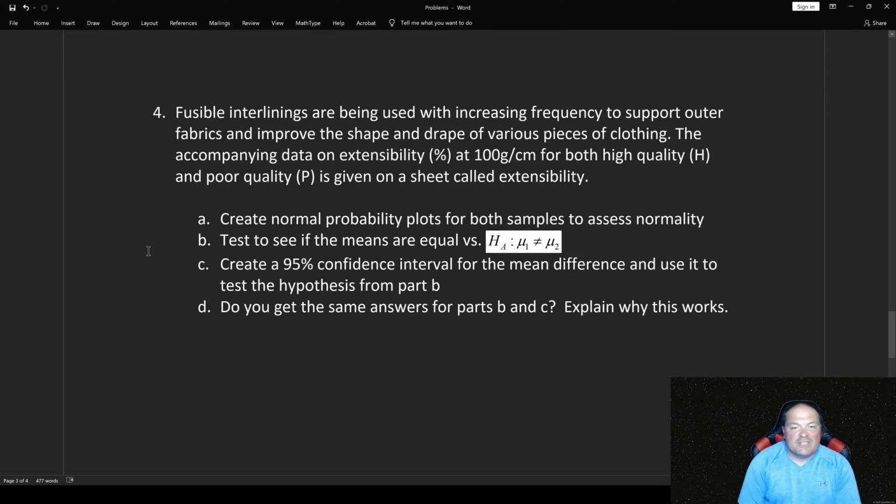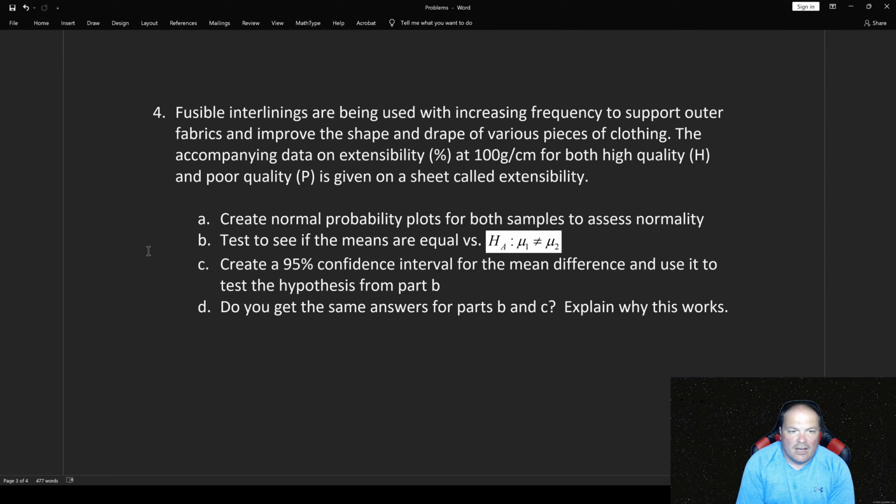All right, so what we've seen so far, we've seen a normal distribution problem, a sampling distribution problem, and a one sample hypothesis test type problem. Now we're going to dive into a little more of a complicated situation. Okay, so fusible inner linings are being used with increasing frequency to support outer fabrics and improve the shape and drape of various pieces of clothing.